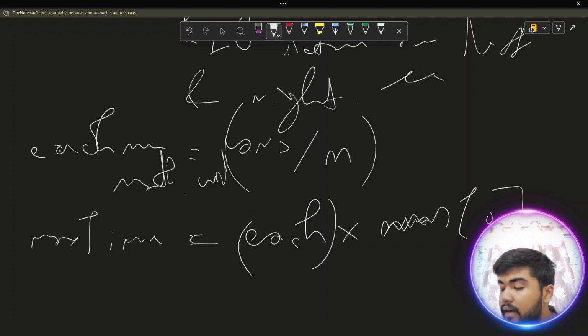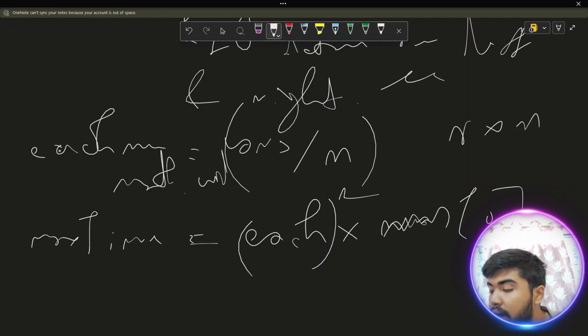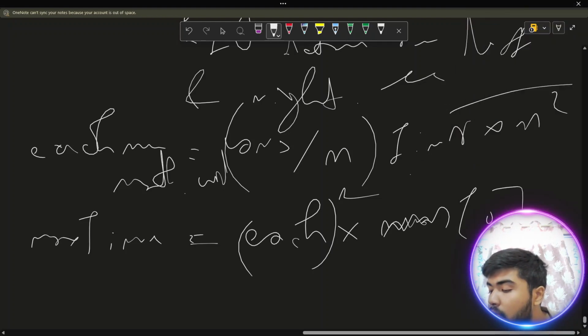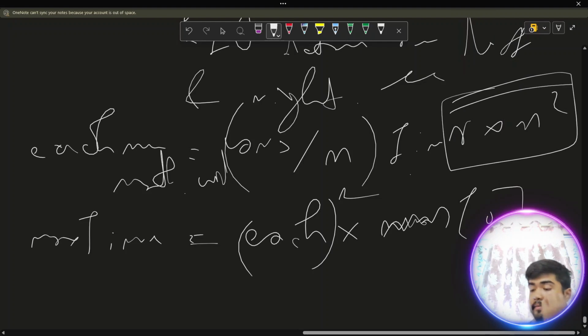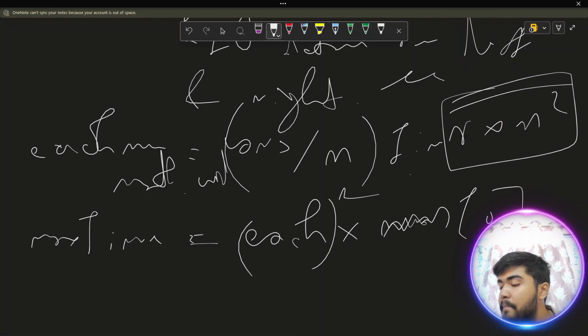So each is basically n square, you remember the formula, that is r into n square, that is the time. So our time formula is r into n square. So the max time can be each into ranks of 0 if everyone is the same.